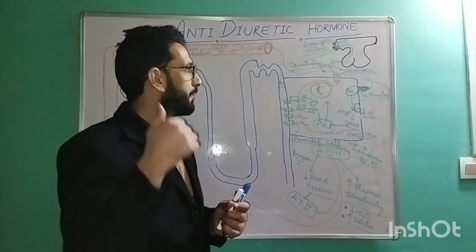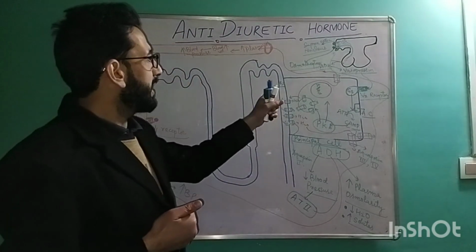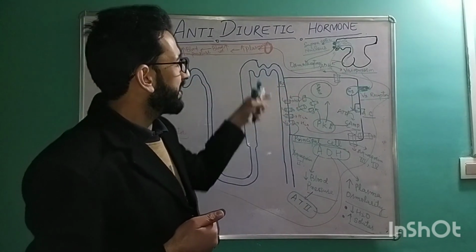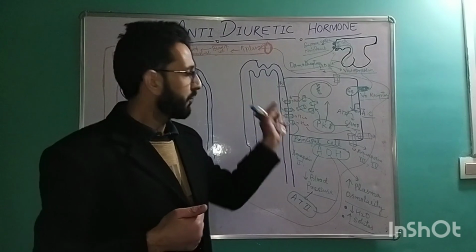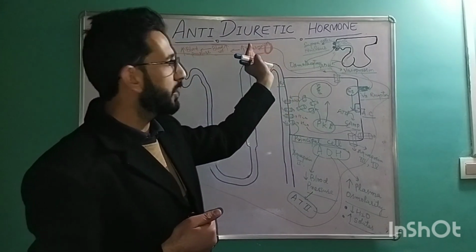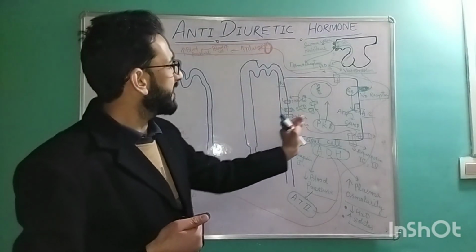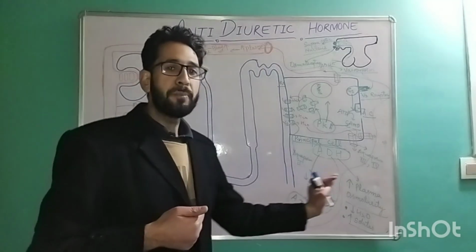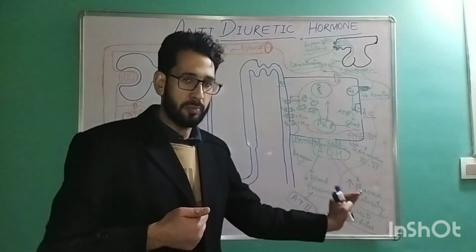I hope it was clear. One more time we'll repeat. The antidiuretic hormone, the first action is the retention of water from the renal tubules back in the circulation, okay? And when we are retaining a lot of water back in the circulation, we are increasing the blood pressure and we are decreasing the plasma osmolarity.